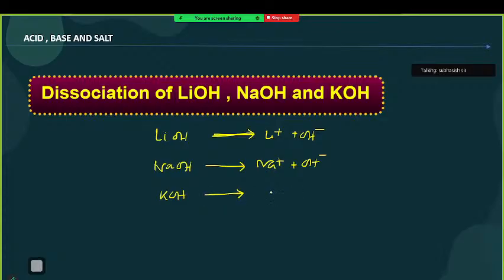All those three alkali metal hydroxides are strongly alkaline in nature because they dissociate nearly totally to form a high concentration of OH minus. That's why they are termed strong alkali.